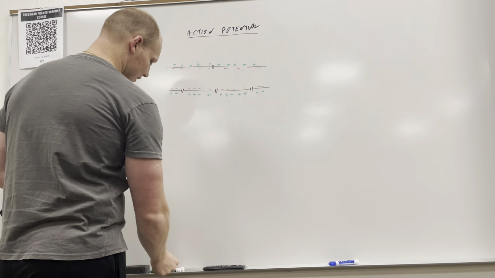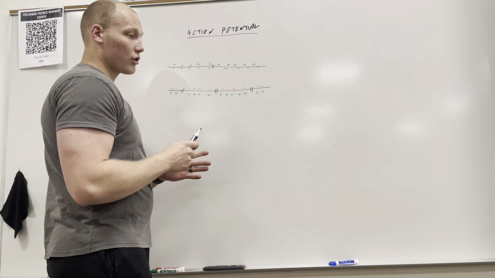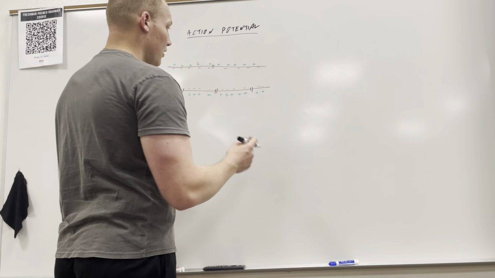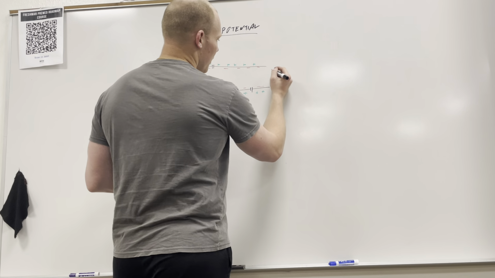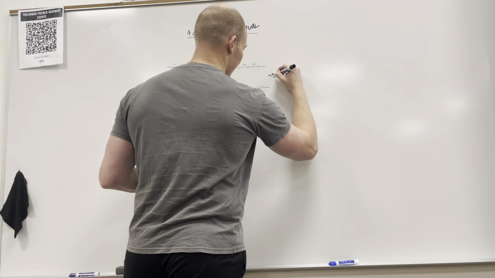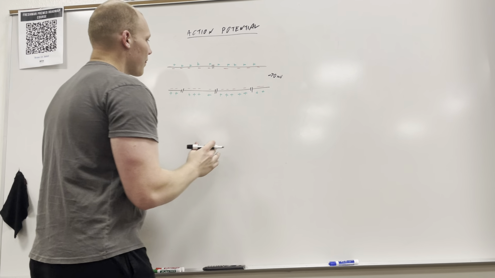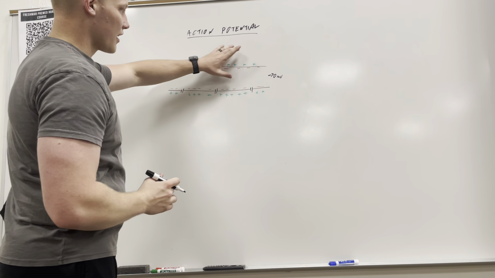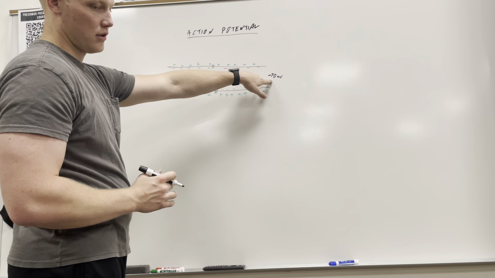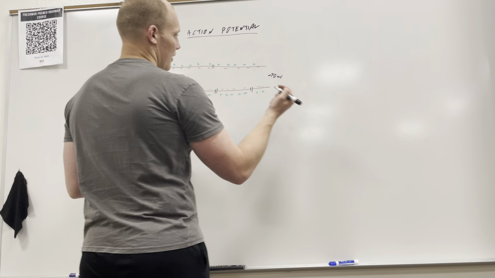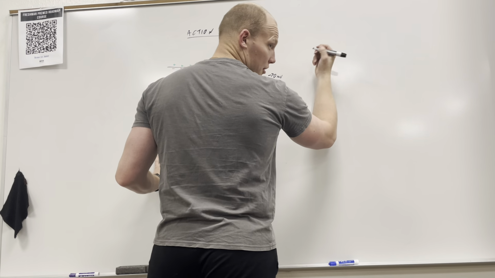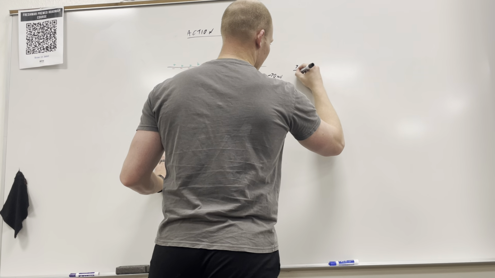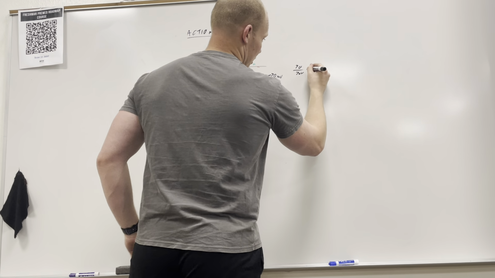So capacitance is the charges per volt along a membrane. So if we know that we're at negative 70 millivolts, there are more charges here per volt. So let's say there's 70 charges per 70 millivolts, that comes out to be 1.